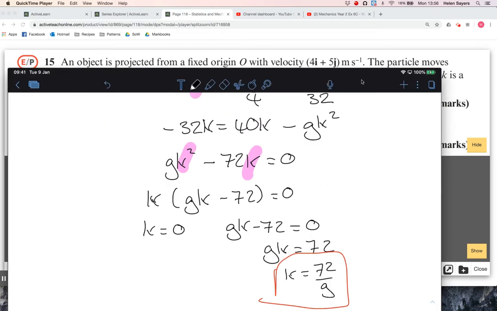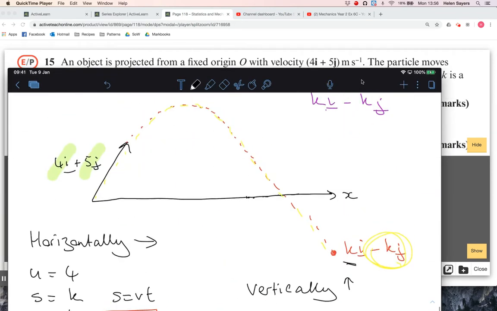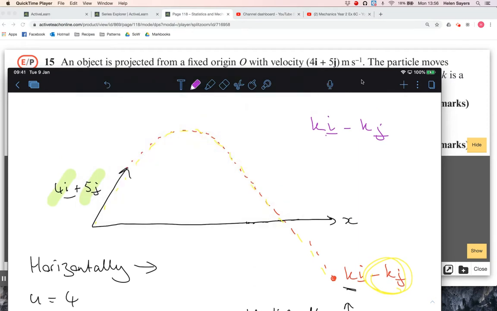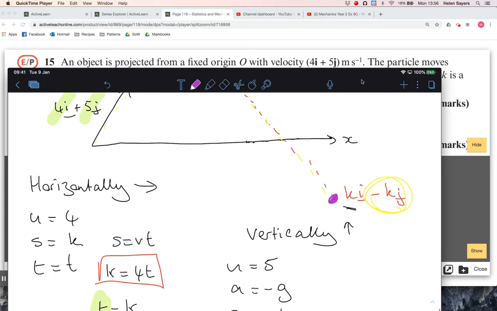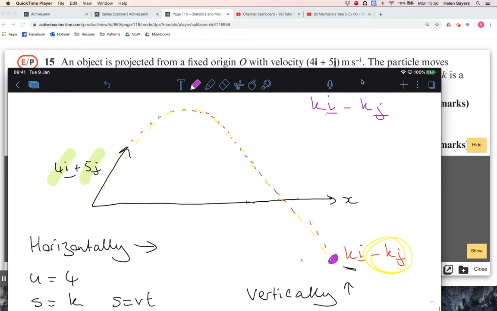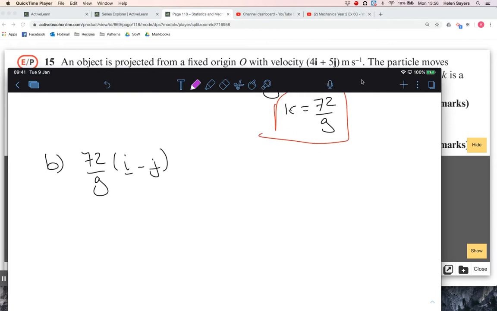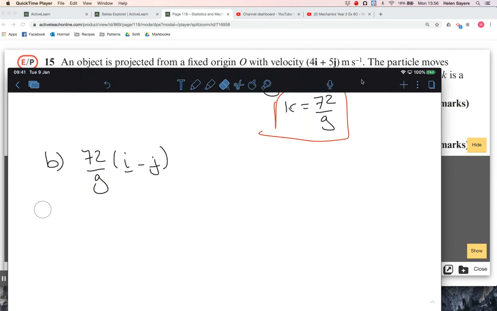And I want the speed when it passes through P. Okay, so to find the speed, we're going to want to find the velocity. I'll just go back to my diagram. So I want the velocity at this point, and then speed is just going to be the magnitude of the velocity. Let's have a think about what we know. Well, I need horizontal and vertical.